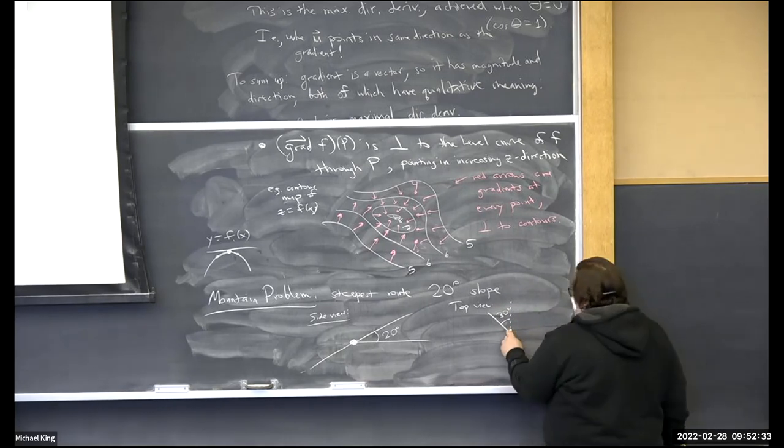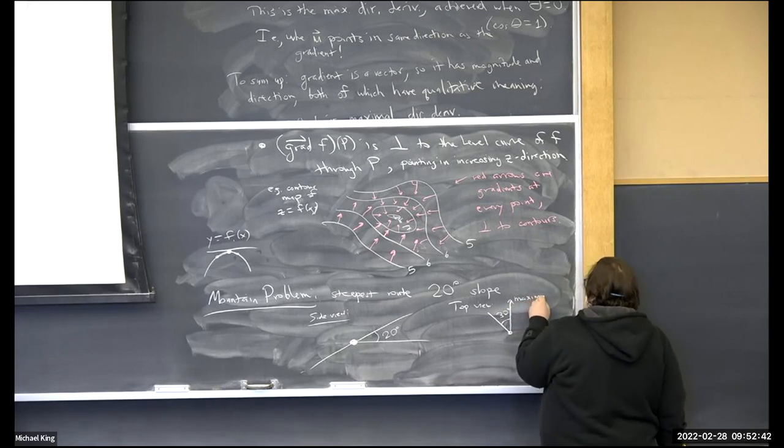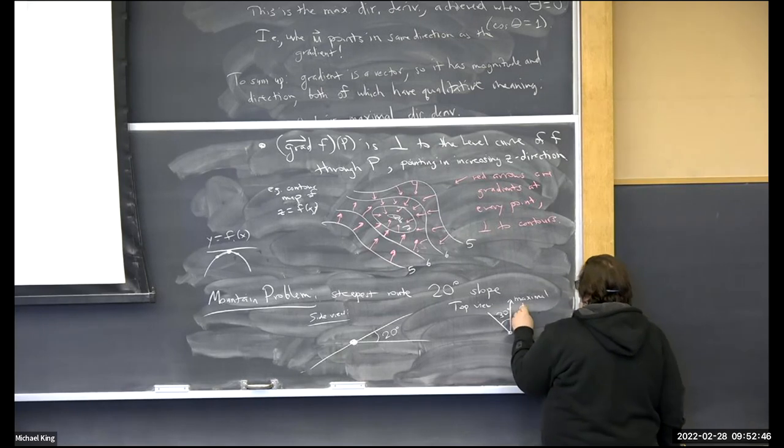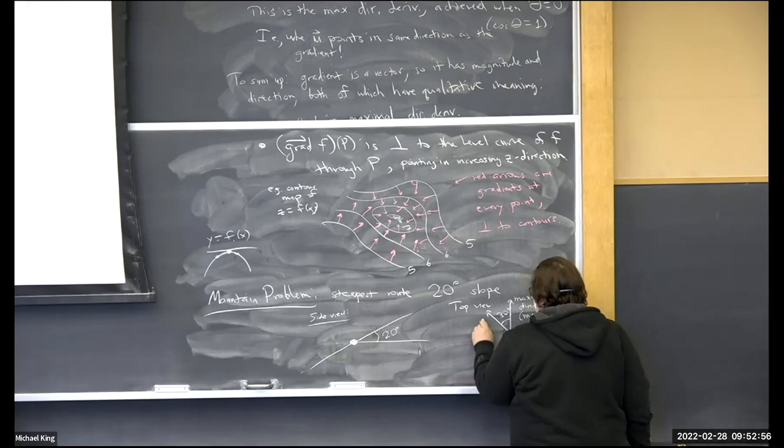It didn't have to be straight up, I don't know. So, maximal direction of ascent, bless you. I guess this is the main trail, and this is the branch trail.